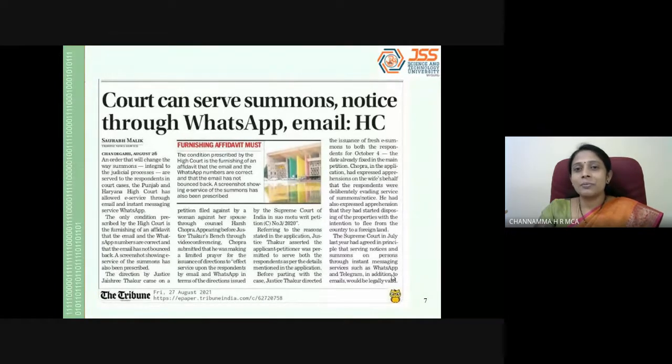That is also accepted. And actually, one year back, even the Supreme Court gave the same statement. So now summons and notices are sent by WhatsApp and email.